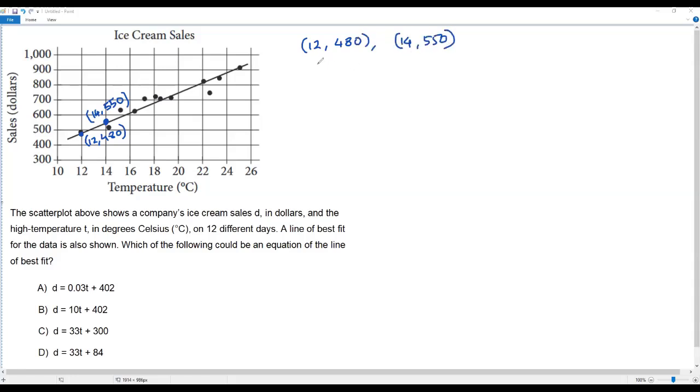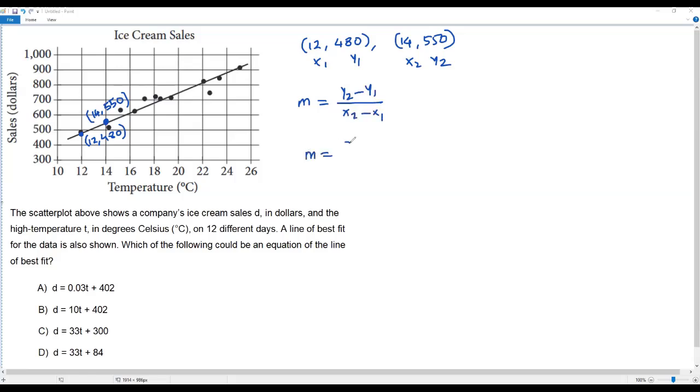I can assume the first point is (x1, y1) and the second point is (x2, y2). So we know the formula to find the slope of a line if 2 points on the line are given. The formula to find the slope of the line of best fit is y2 minus y1 over x2 minus x1.